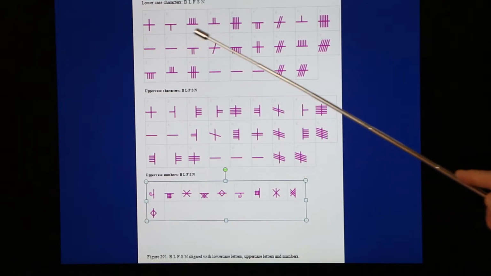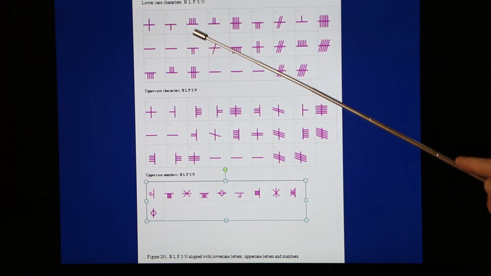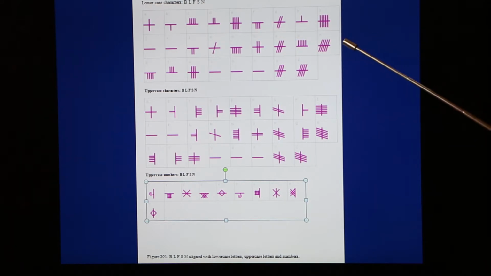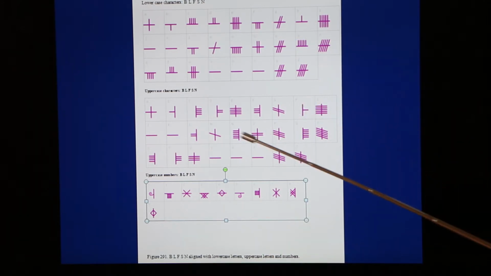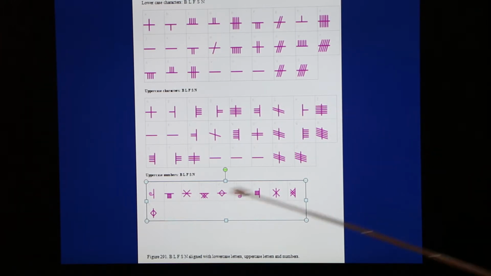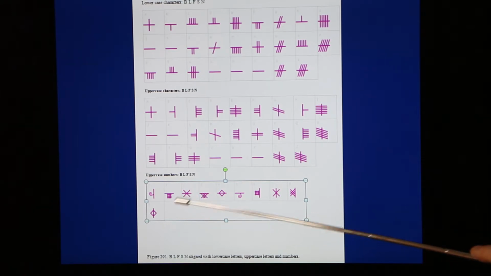So here you see the BL, this is B, L, F, S, N as regular characters. If I switch the orientation, these become capital characters. And here are uppercase numbers, which are also diphthongs.